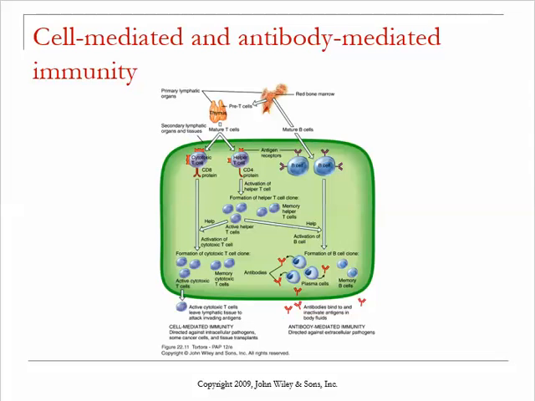In antibody-mediated immunity, the B cells become plasma cells, and then they release antibodies, which are non-living extracellular proteins, as it were, that do the interaction with the antigen. The cells themselves don't interact with the antigen.